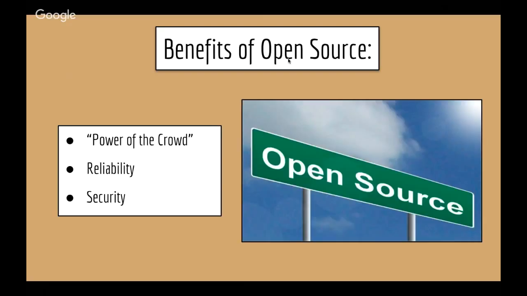Power of the crowd. There's a collective power of a community of programmers working at the same time that delivers not only more ideas, but quicker development and troubleshooting when issues arise, which allows the programs you're using to constantly improve themselves. There's also reliability to take into consideration.